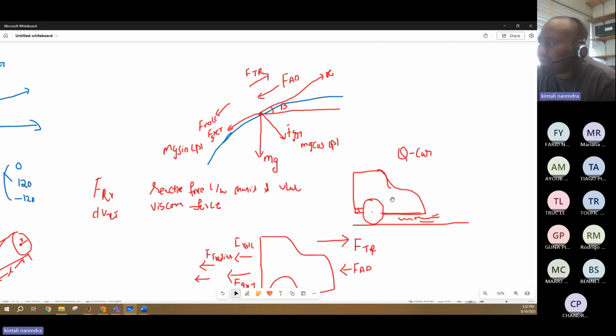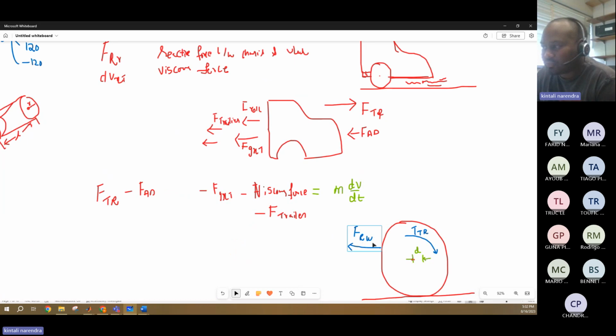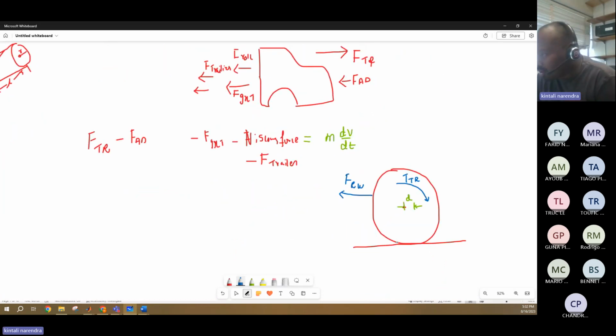One is the wheel, and on top of that you placed your quarter car. So there is a reactive force FRW, and also at the point of contact there will be a frictional force which we call F roll.